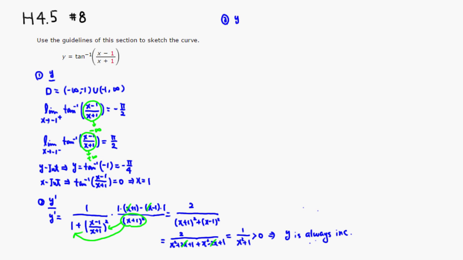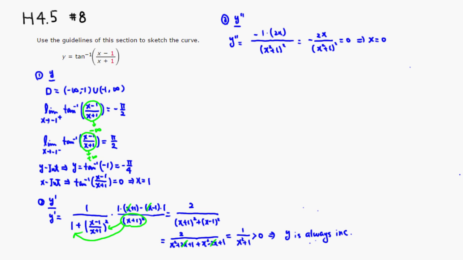So y double prime is going to be equal to, we can use the quotient rule, square the bottom, x squared plus 1 squared. And the derivative of 1 is 0, so it's going to be minus the top, 1, times the derivative of the bottom, which is 2x. So you have just negative 2x over x squared plus 1 squared. And setting that equal to 0, we know that x equals 0.